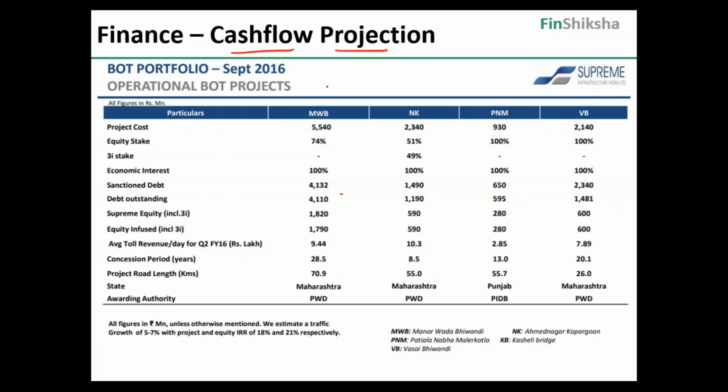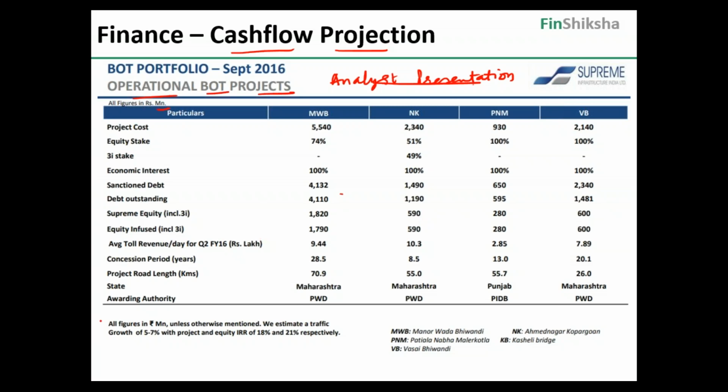Again, I have taken an example of Supreme. They have given this project detail. This is not available in the annual report. This is in the analyst presentation. Now, you don't need to go too deeply into this if you don't have time, but you can simply overlook.